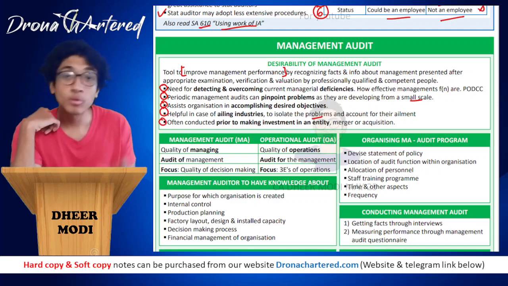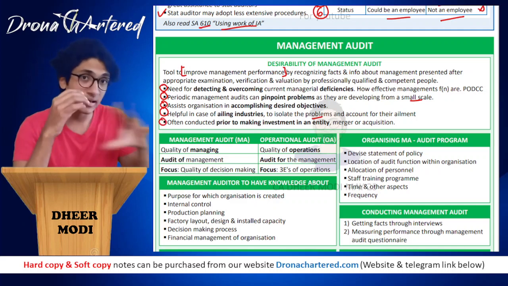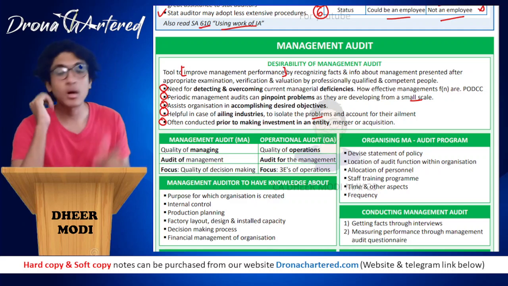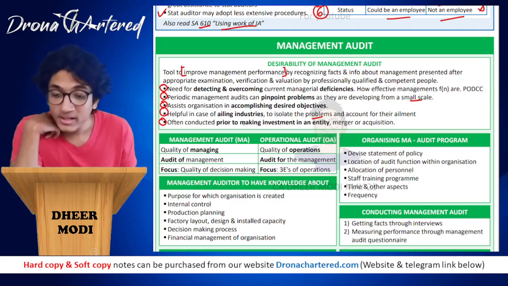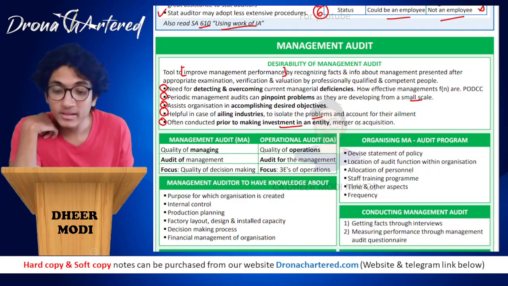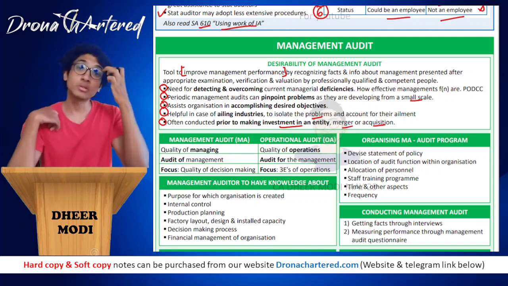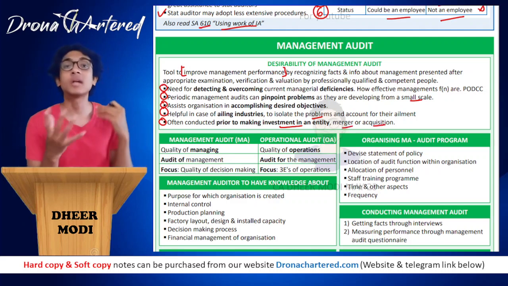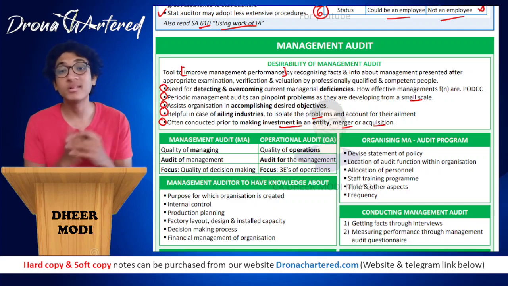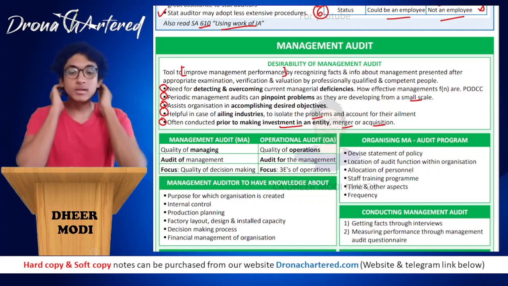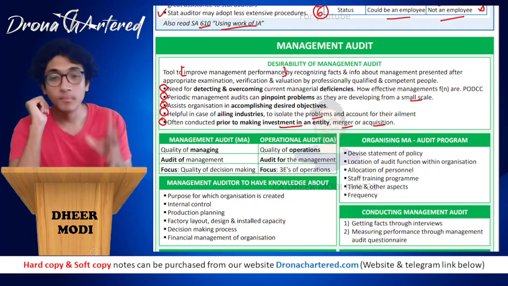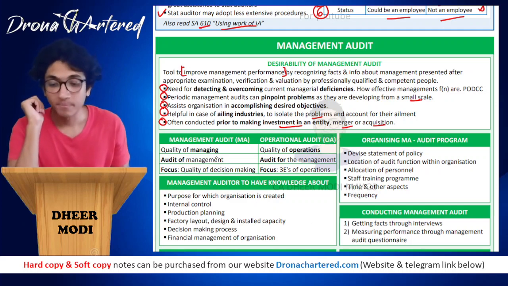Isolate the problem means separate the problem and identify how to correct it. Often conducted prior to making an investment in an entity, merger, or acquisition. To check how efficient and sound the management is, this audit is done before you invest in a company, or purchase or merge with another company.